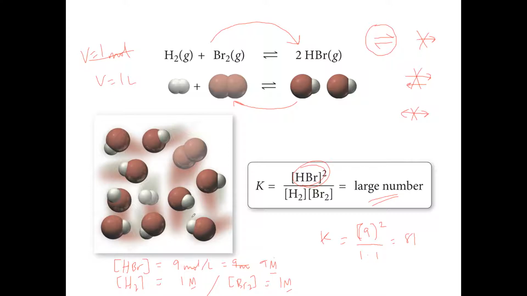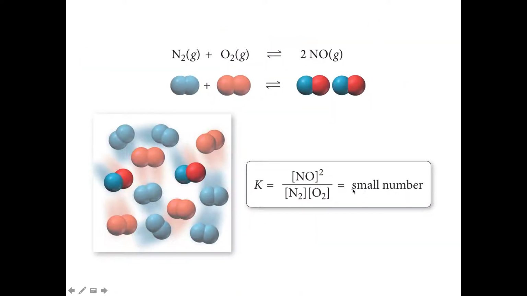Let's consider another possibility. Suppose that K is a small number for a particular reaction. What does that mean? All right, so let's take this here and say that we've got 2, and let's let this volume be 1 liter again, okay? 1 liter, and we've got 2 of these here, right?